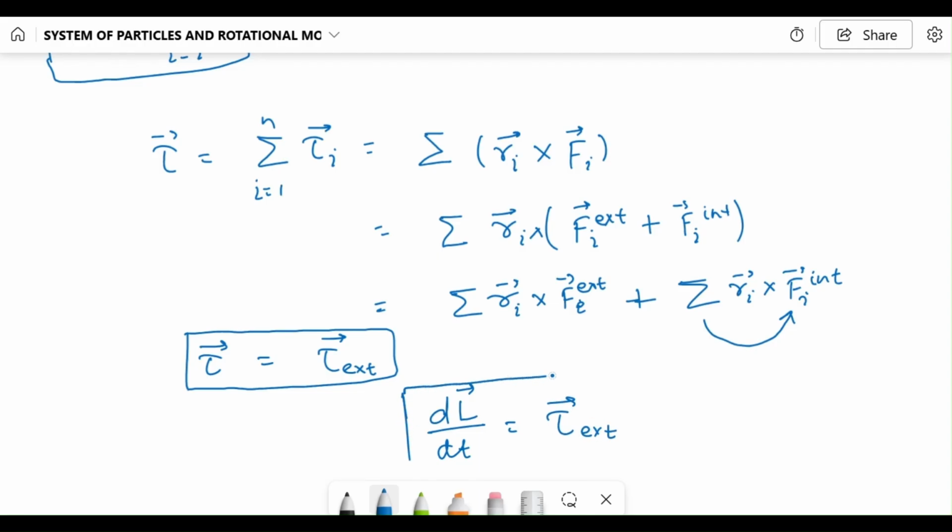Now we are moving towards the conservation of angular momentum. So how can we say? Let's say there is zero external torque on the system, means this term is zero. In that case, what will happen?